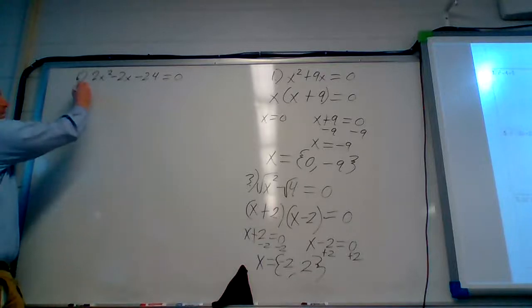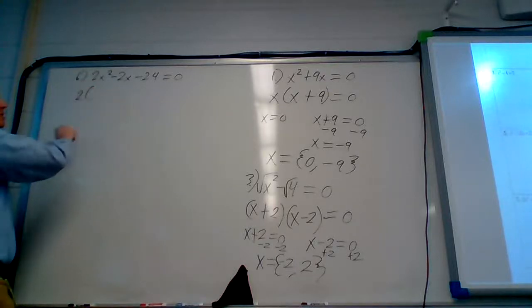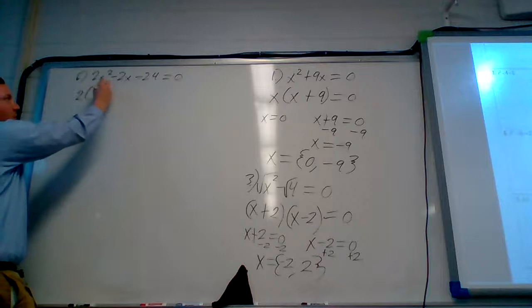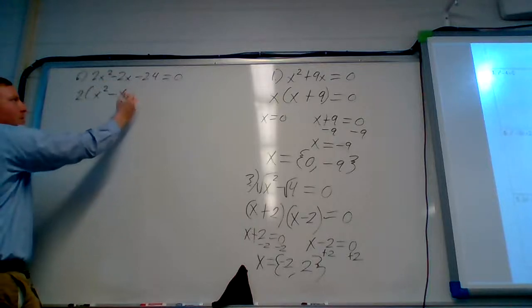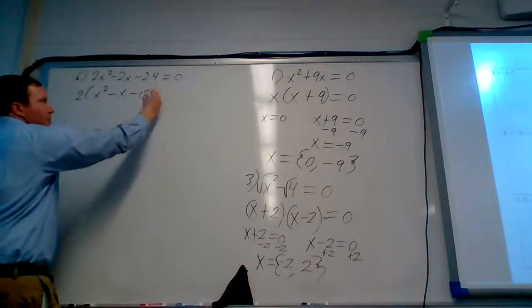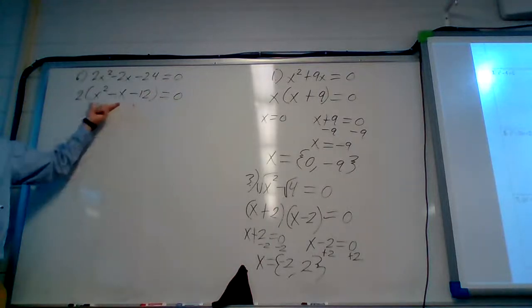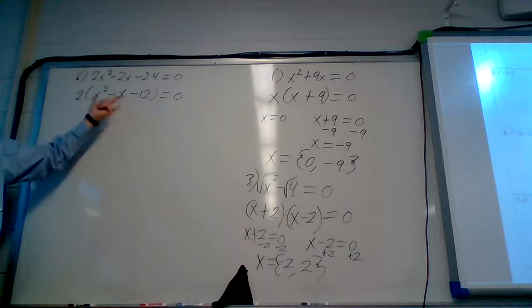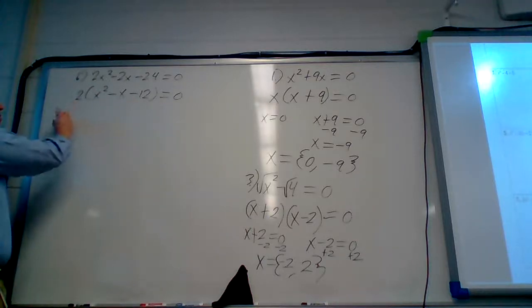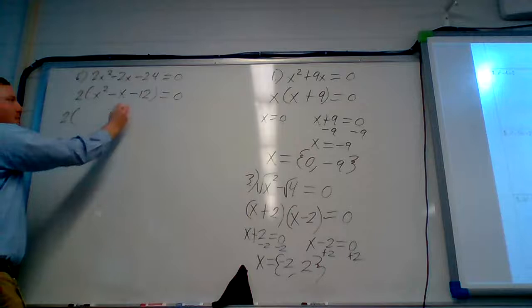So we'll take our 2 out to the side and rewrite our equation. So it'll be x squared minus x minus 12 equals 0. And then we're going to take our new trinomial and factor that. So our 2 is just going to stay out front.